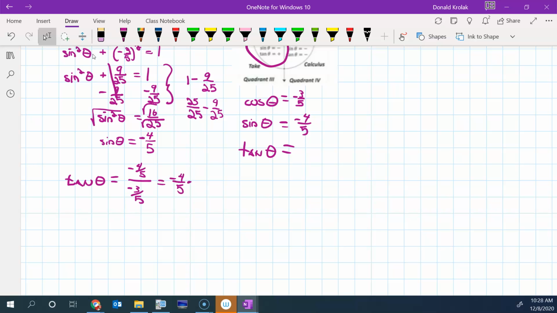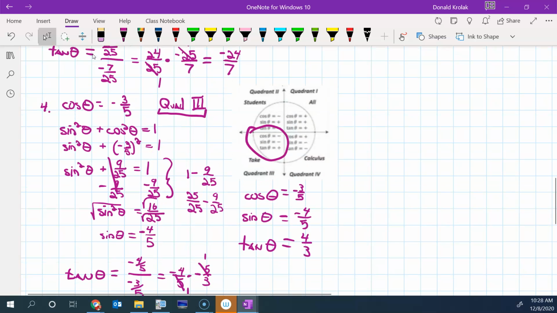So that's going to be times negative 5/3. Those cancel the ones. Negative times negative is going to be positive, so I'll have 4/3. And I check those: negative, negative, positive. All right.